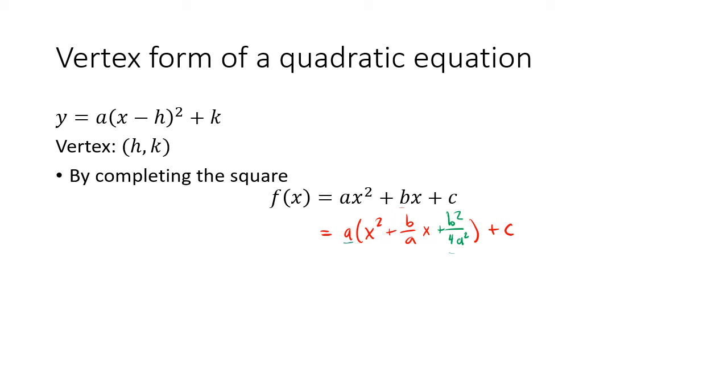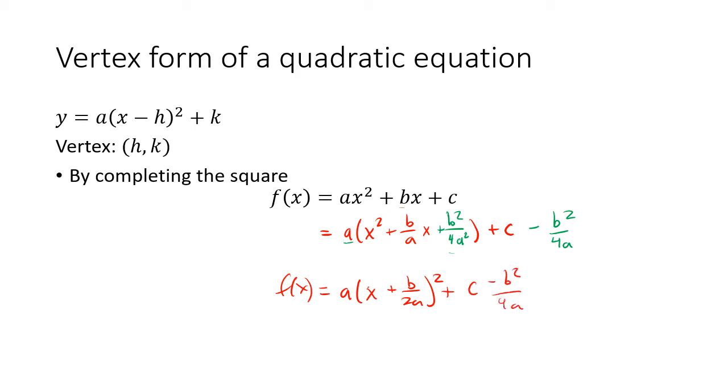And I've got to multiply that by a, so it's b squared over 4a. I have to now subtract b squared over 4a from the outside, right? Now I've essentially kept this all balanced. And if I simplify this, f of x is equal to a times (x + b over 2a) quantity squared plus this stuff, c minus b squared over 4a, whatever, right?